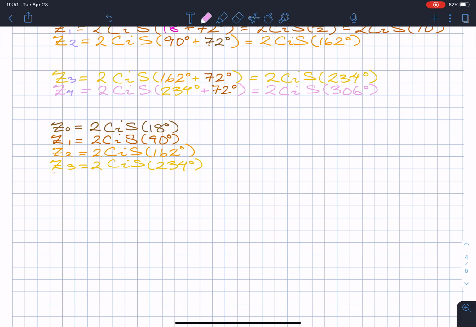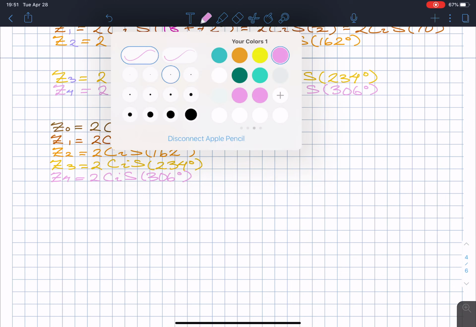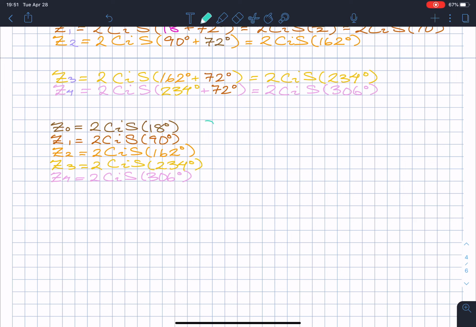Hopefully my math is okay. And z sub 4 is 2 cosine plus i sine of 306. That's what I keep on getting if I add 72. So hopefully these are spread about a circle of radius 2.